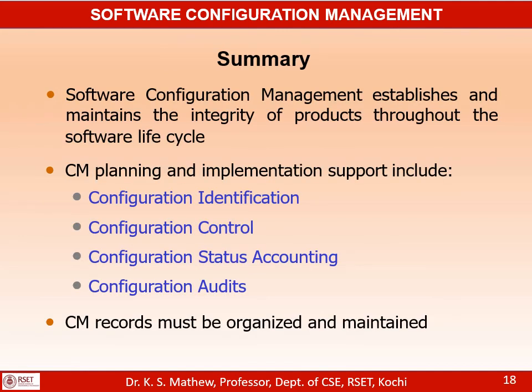Summary of the configuration management topic. The basic function or purpose of configuration management is to maintain the integrity of various work products throughout the project life cycle, and these are the main activities done as part of configuration management: configuration identification, configuration control, status accounting, and audit. And CM records have to be organized and maintained in the project repository, which will go through audit.